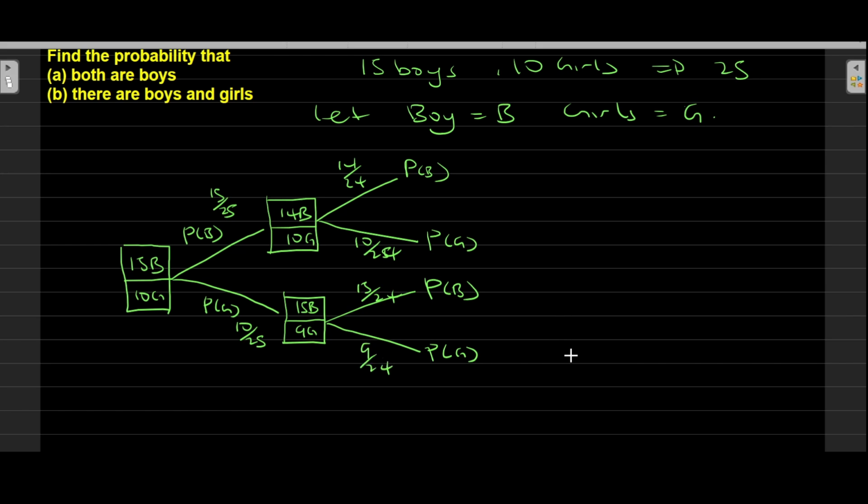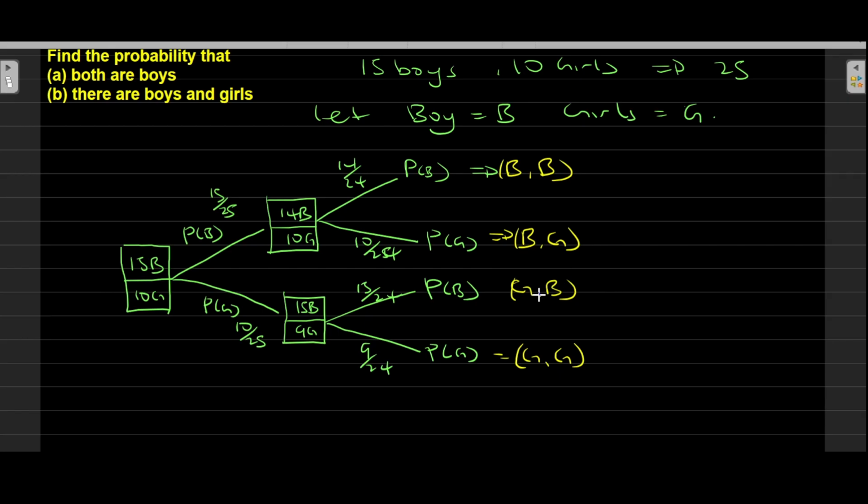Therefore, for our first question, these are the possible outcomes: a boy and a boy; the first a boy and the second a girl; the first a girl and the second a boy; and the first a girl and the second a girl. Those are the possible outcomes we can get in this question.